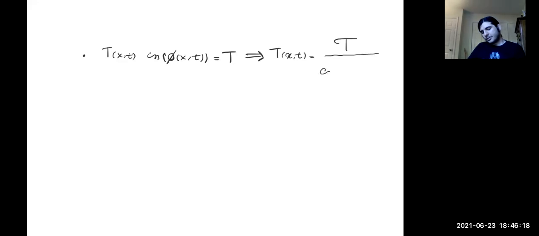We have T(x,t) times cosine of phi at the point (x,t) equals the constant T. We divide both sides by cosine, so we get T at the point (x,t) is equal to this constant T over cosine of phi at the point (x,t). So we can do this with the assumption that this is non-zero.